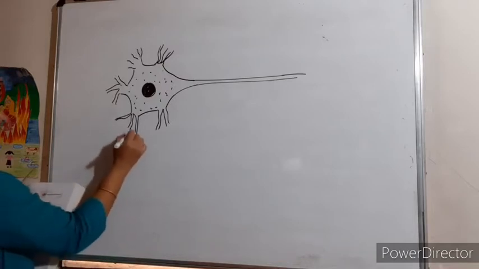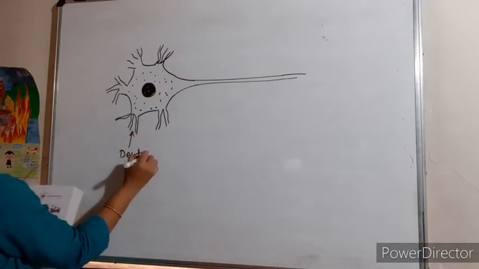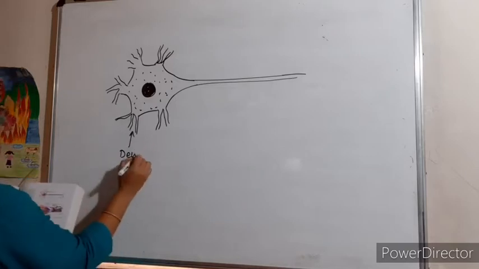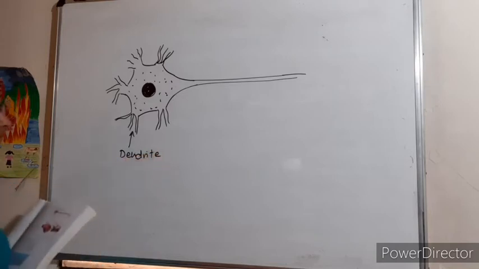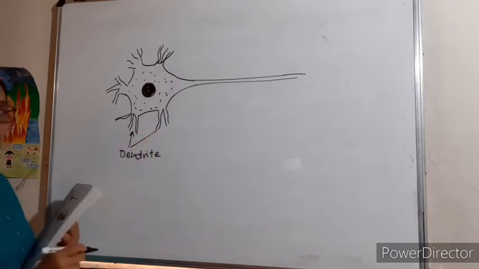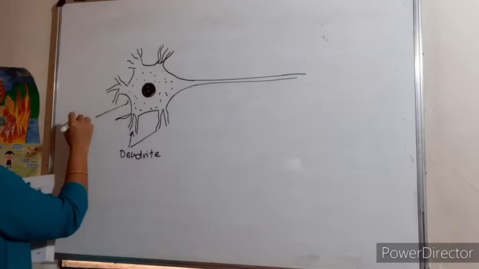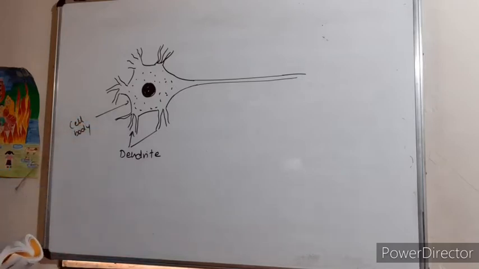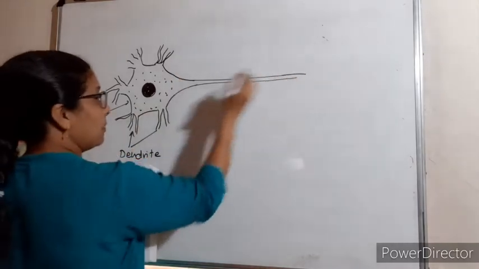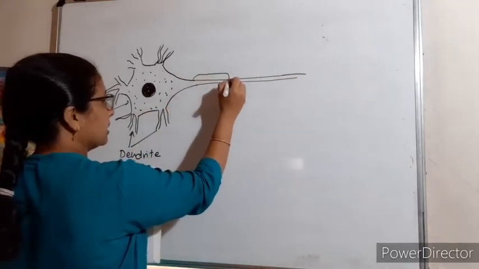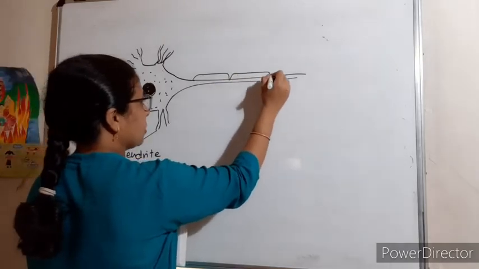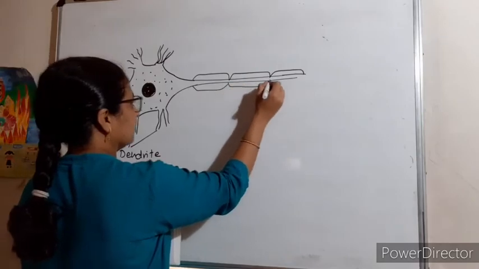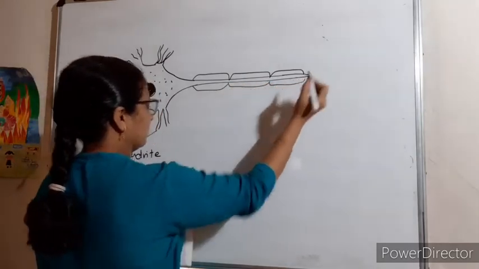Now these fibers are called dendrites. These are the fibers which are dendrites. This is the cell body. The cell body is the head, right? Yes. And this is the tail portion. On the tail portion, here is the fiber which is called the axon. Right?